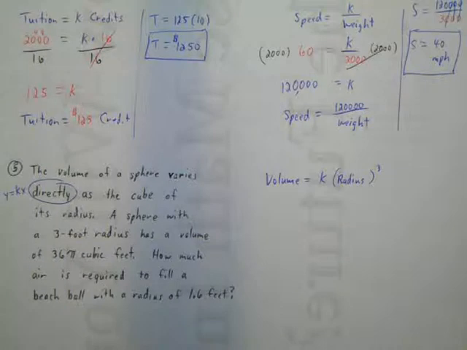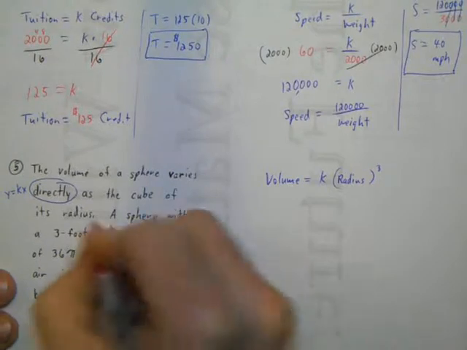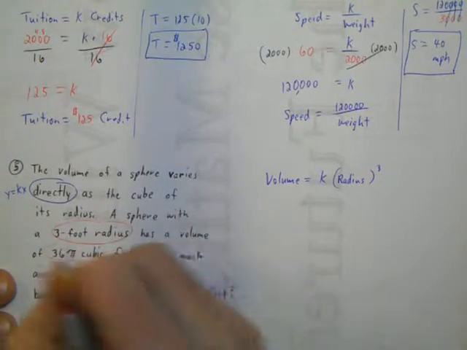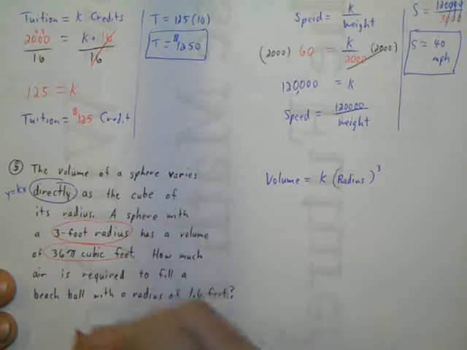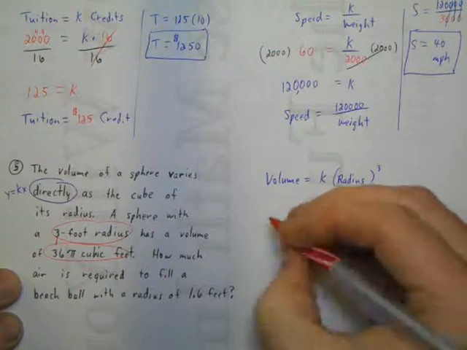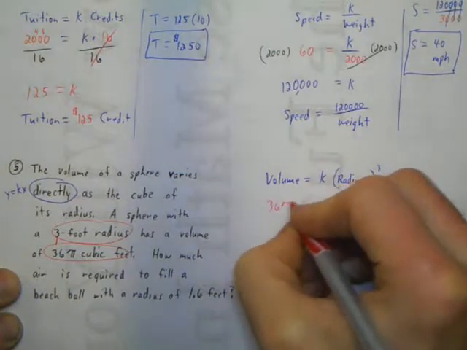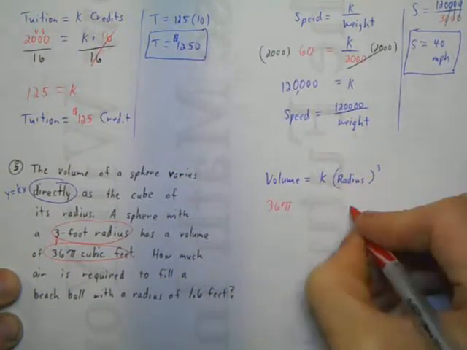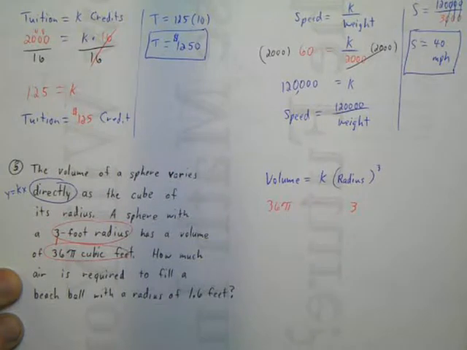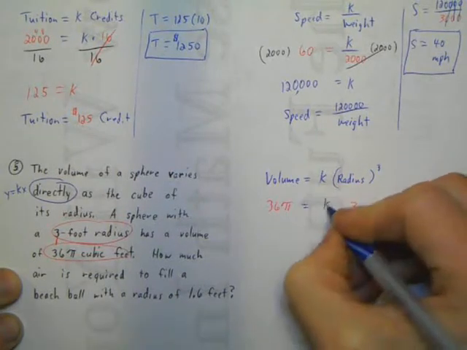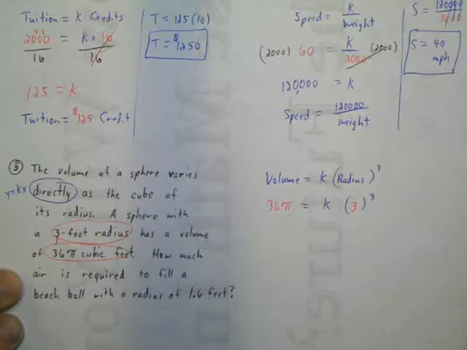So here we have an example of a 3-foot radius with a volume of 36 pi cubic feet. And those go together, they're in the same sentence. So my volume, 36 pi, and my radius is 3. So I plug that into my equation. 36 pi equals my constant times 3 to the 3rd power.